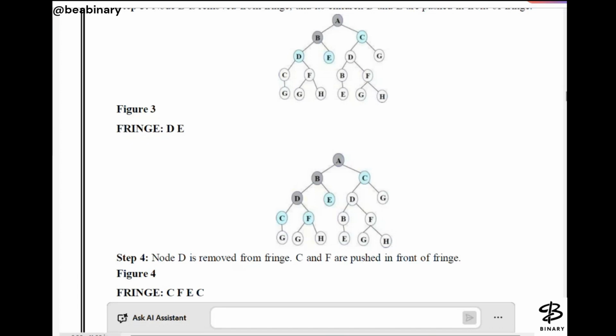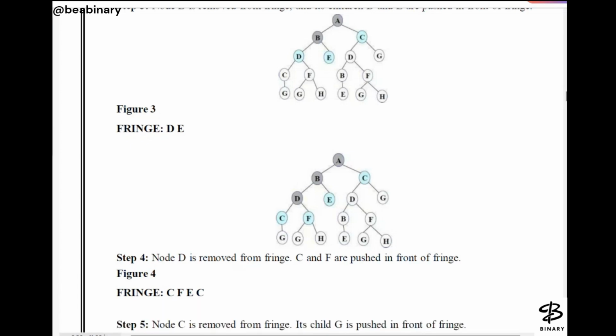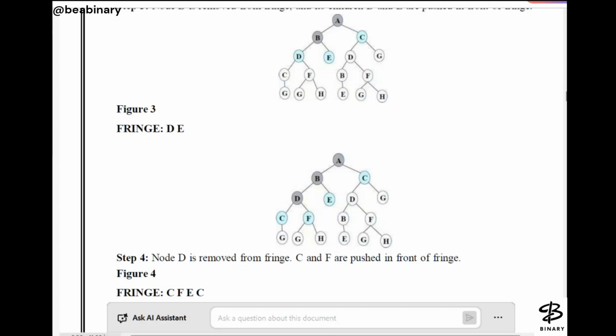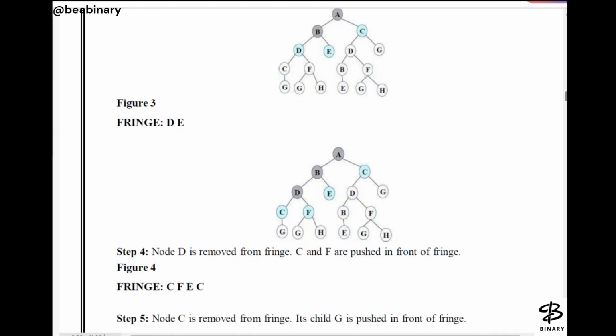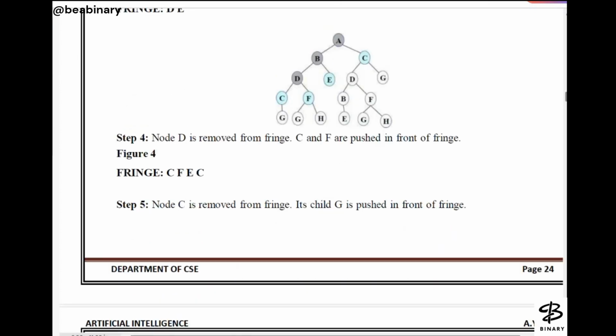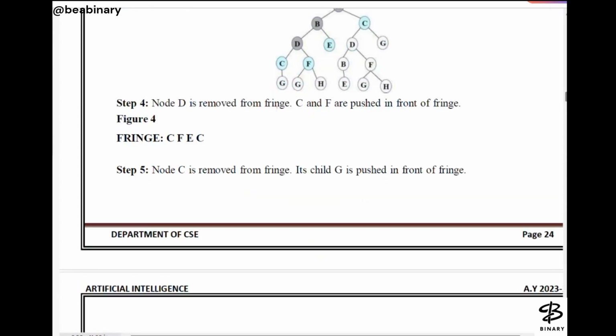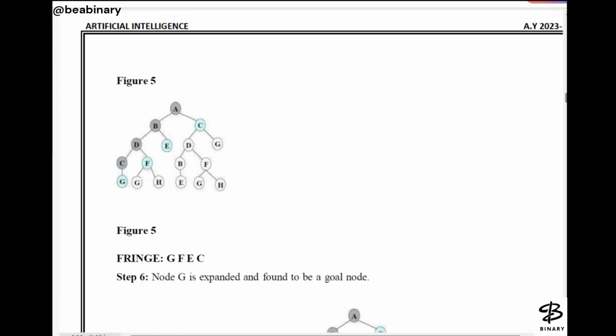And now what is the frontier here? F, E, and C. Now C will be removed and its child G is pushed in the front of the fringe. Right? Now in that case, G, F, E, C is the traversal frontier.